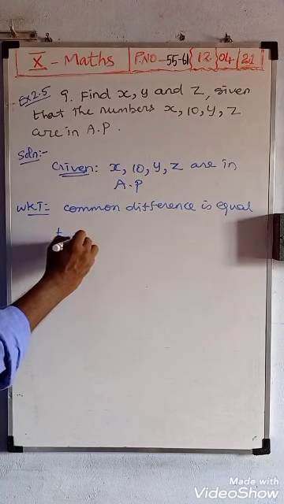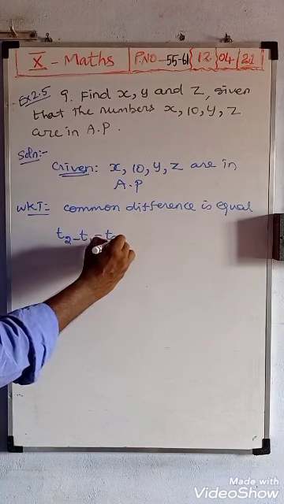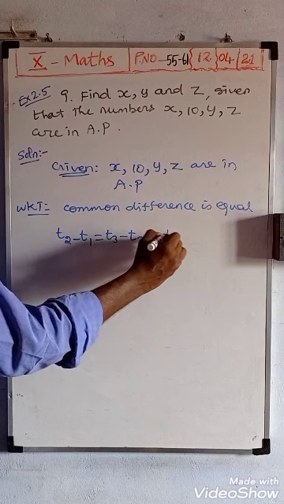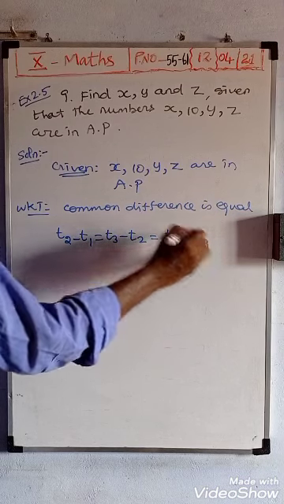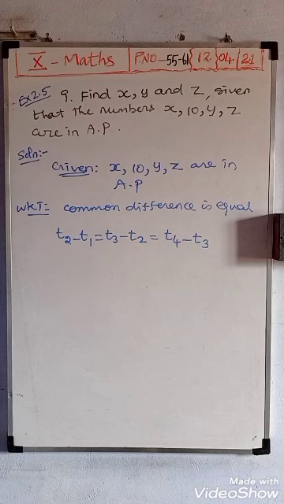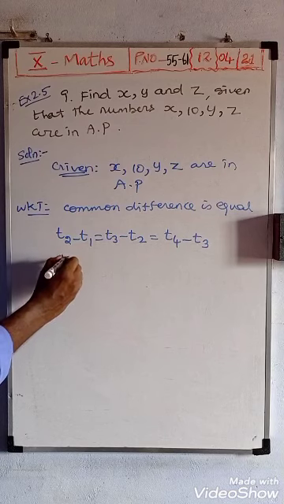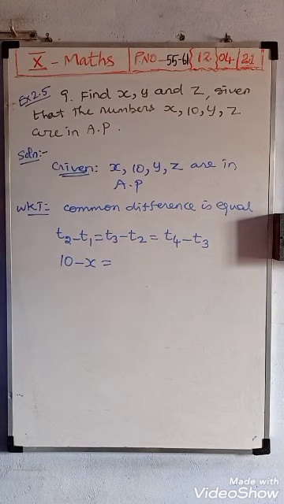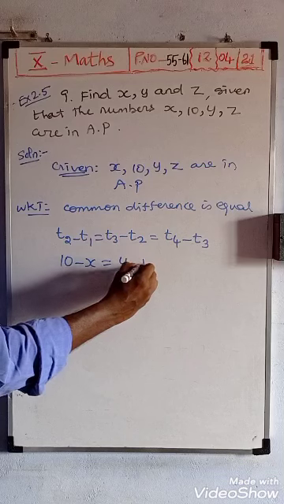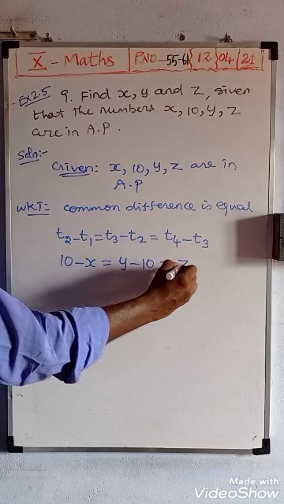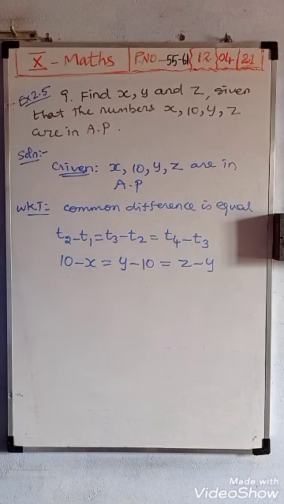Therefore, T2 minus T1 is equal to T3 minus T2 is equal to T4 minus T3. Because here 4 terms are given. So you should substitute now. Then what you will receive? 10 minus x is equal to y minus 10 is equal to z minus y.